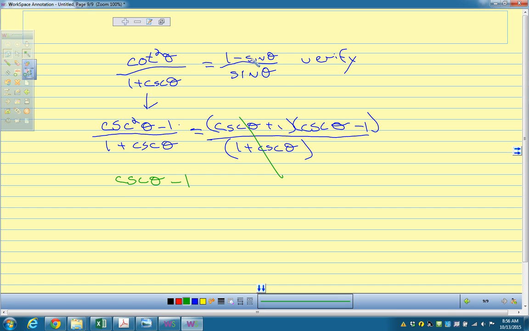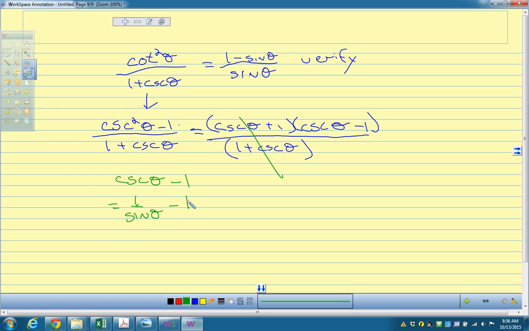I'm still trying to get this to over here. So how can I rewrite cosecant theta? 1 over sine theta minus 1.